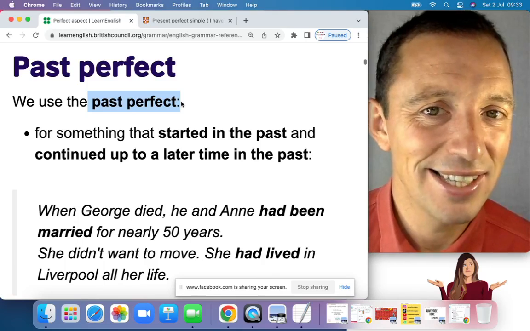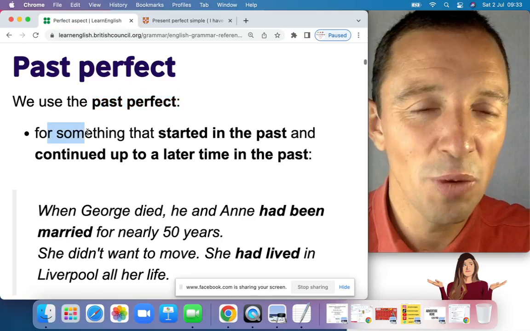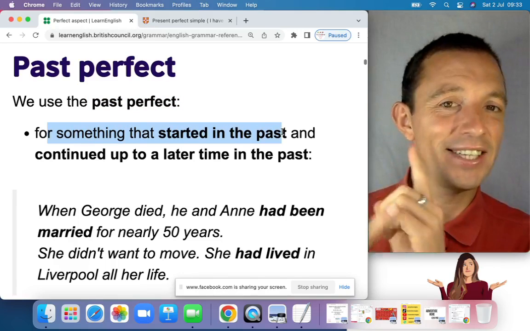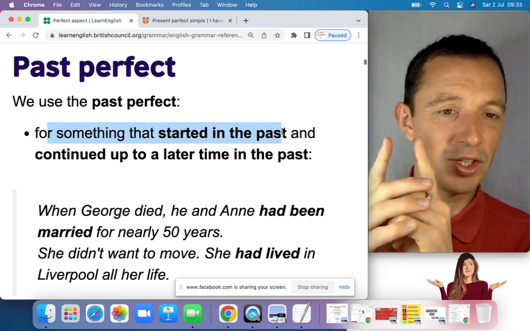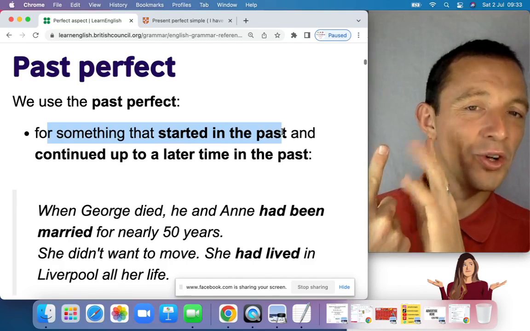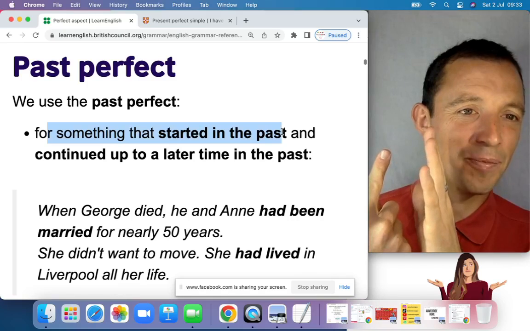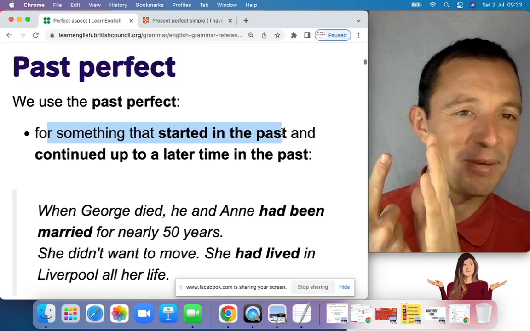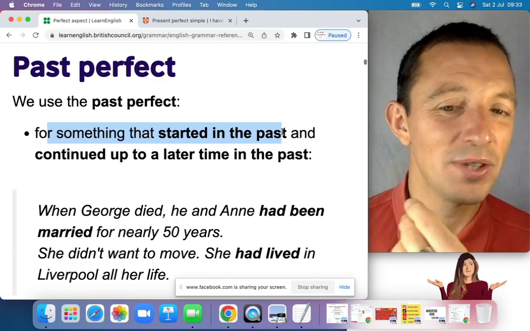This is the past perfect. So we use the past perfect for something that started in the past and continued to another time in the past. So it started in the past and it continued up to another moment in the past. This is the past perfect. One description of using the past perfect.